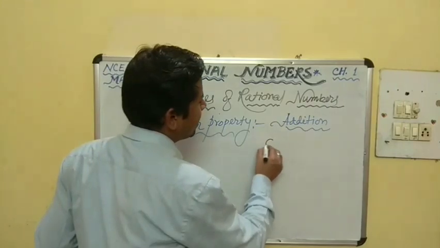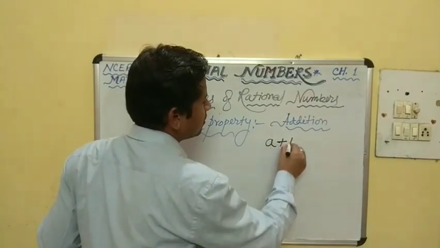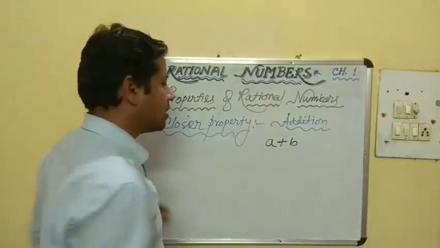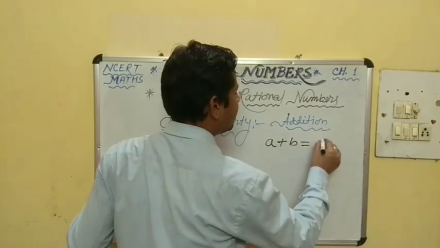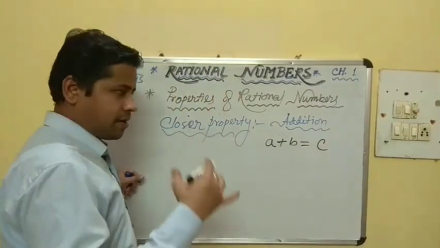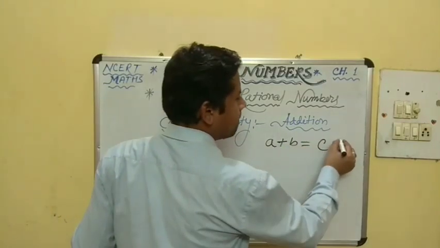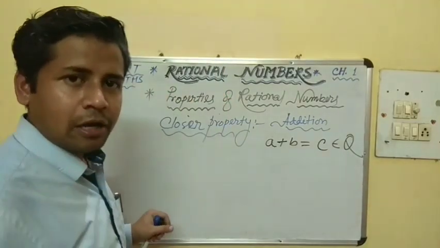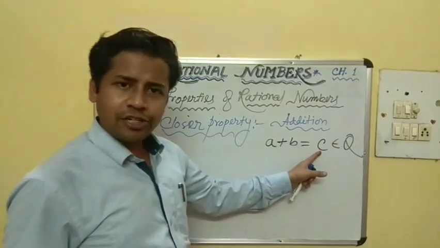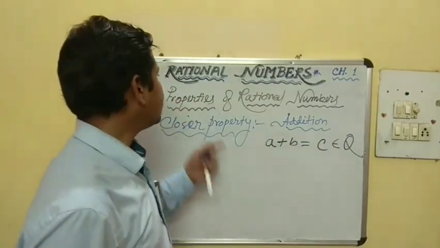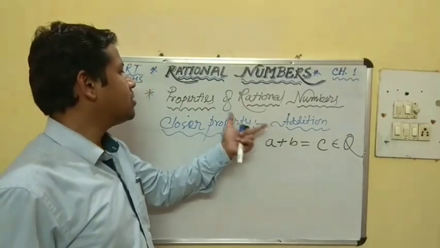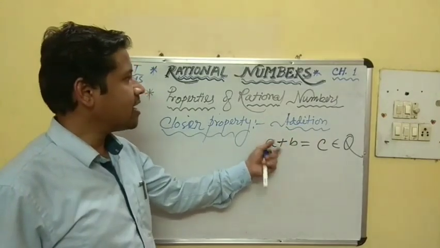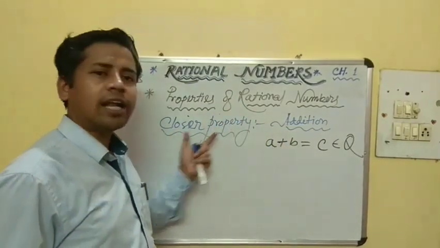Let there be any 2 rational numbers. If we add them, and the result, let's say C, belongs to Q, where Q means the rational numbers, if C is also rational, then we say that the rational numbers satisfy the closure property in case of addition, or we can say the rational numbers are closed under addition.